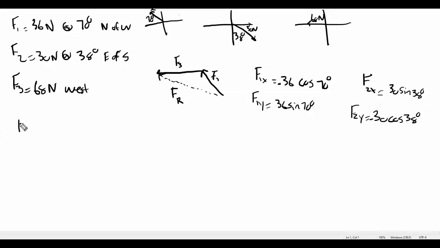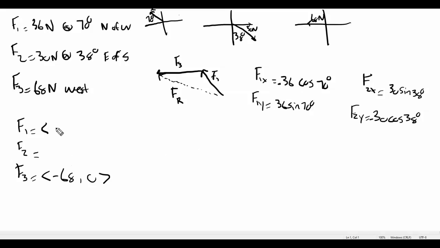Okay, so just crunching the numbers really quickly, I can write down F3 right away. That's negative 68, comma 0. Okay, so then we have F1. Writing that in vector component form, I'm just doing these calculations over here.